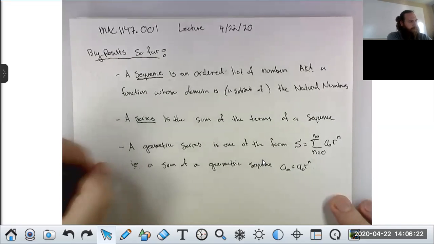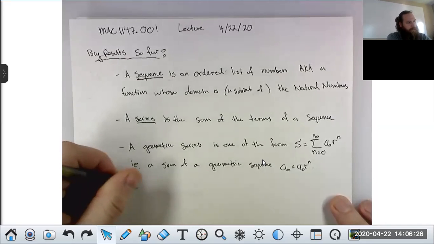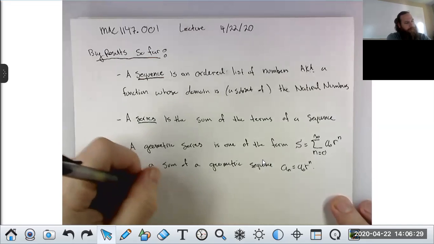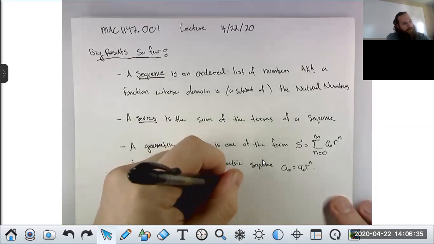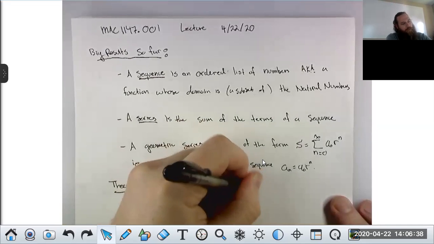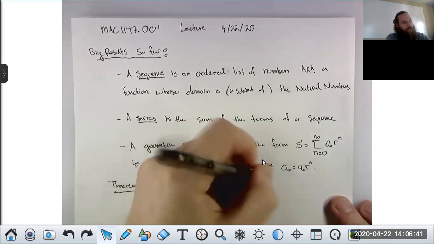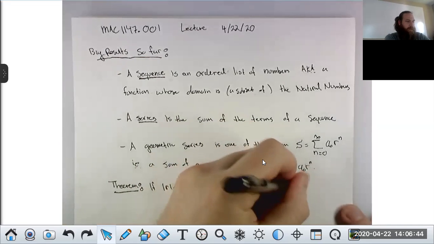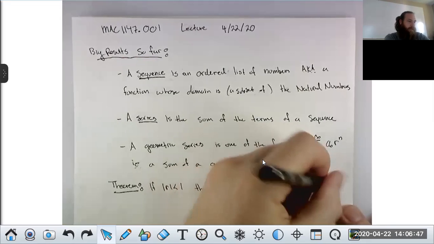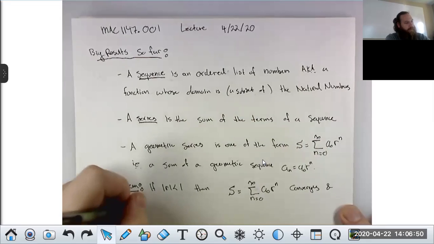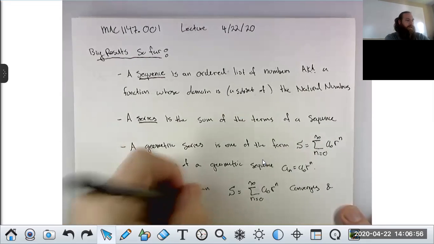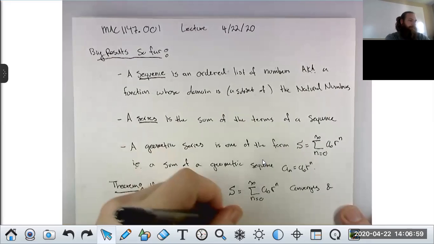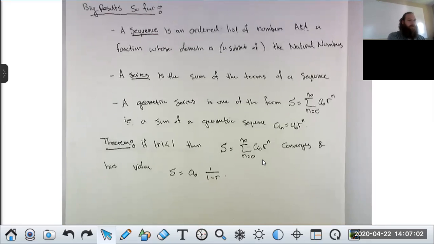And the big theorem here was, this is what we proved last time, if the absolute value of r is less than 1, then S equal to sigma n from 0 to infinity a naught r to the n converges and has value S equal to a naught times 1 over 1 minus r. So this is the most important point of the things we've talked about so far.